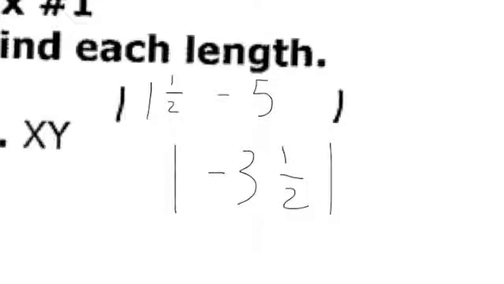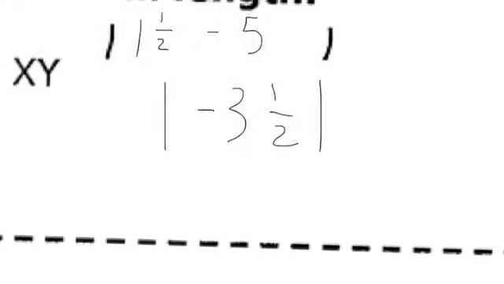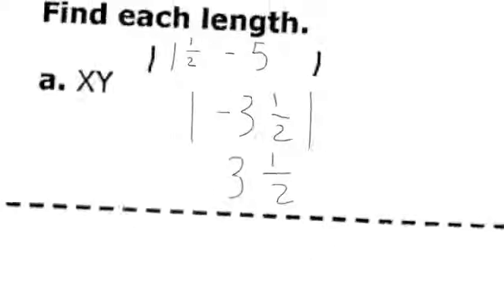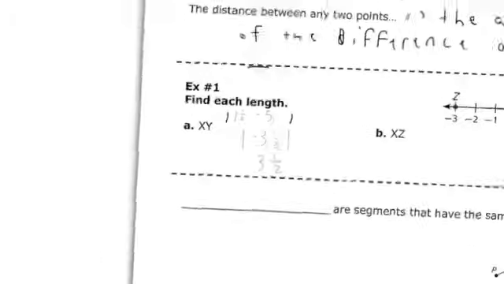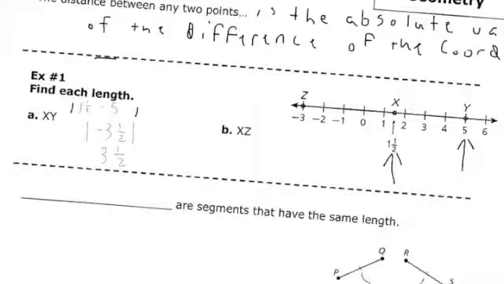But if you remember what absolute value is, you have to take that number and make it positive. So it becomes just positive 3.5. The difference between X and Y is 3.5 units, the difference between here and here.